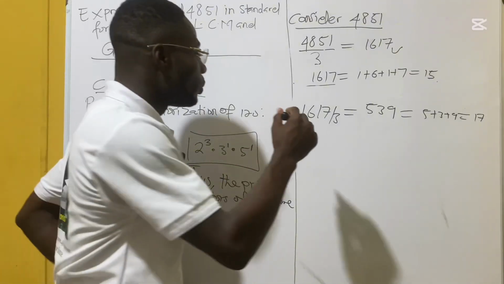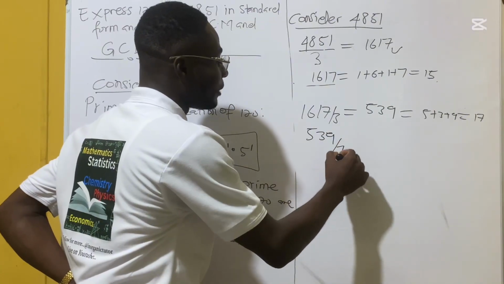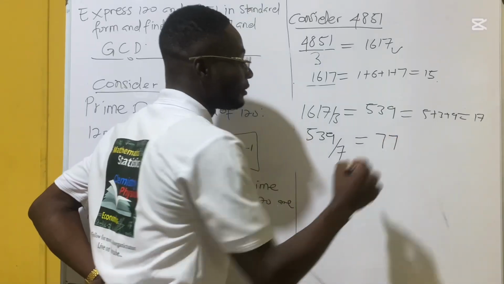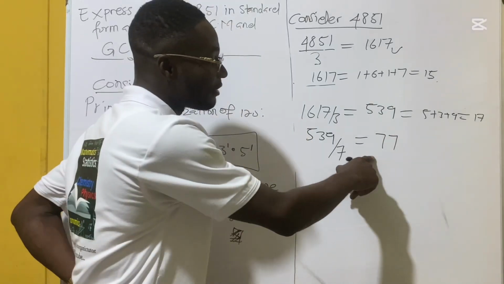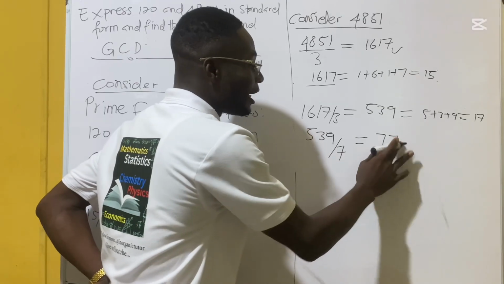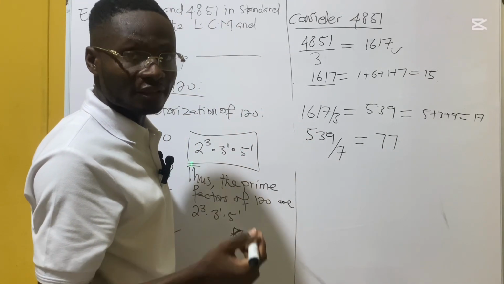So we take 539 divided by 7, and that is equal to 77. But we know that 7 can go into 77.